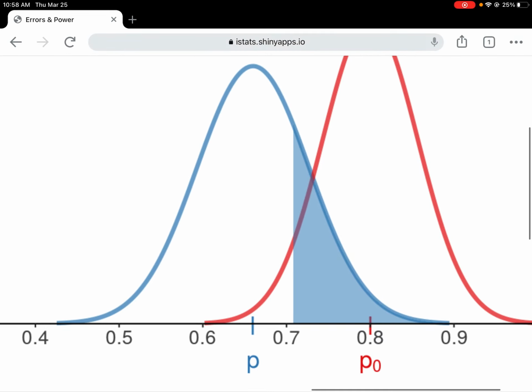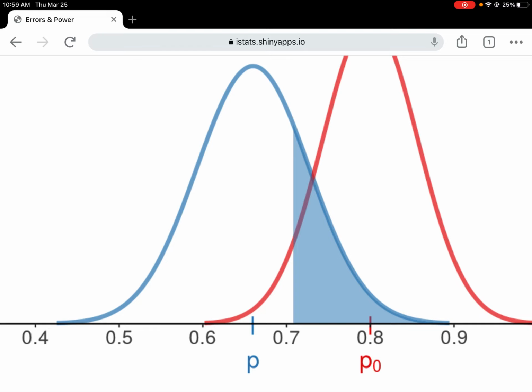Okay, so let's take a look. The null is 0.8, right here, the red one. It is overlapping the blue region, yeah? It overlaps the blue region because the whole entire red curve is the null, and the whole entire blue curve is our alternative.